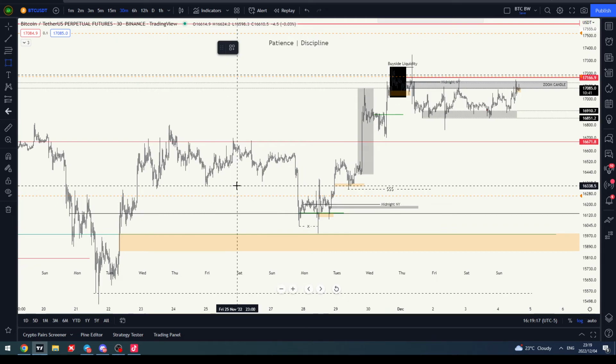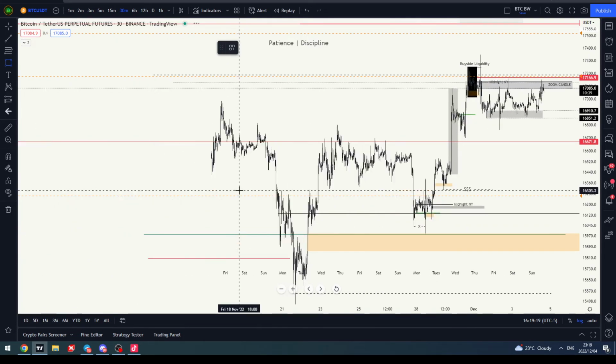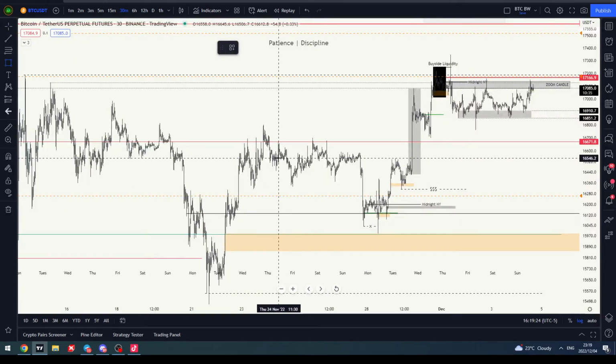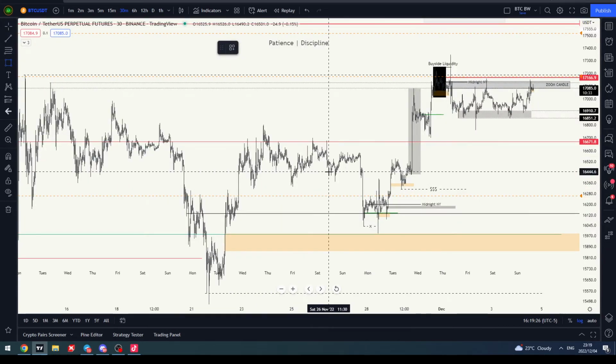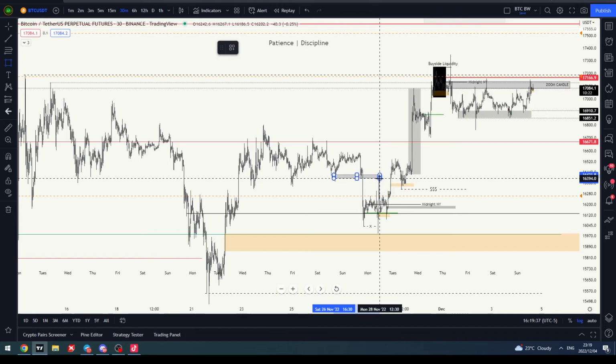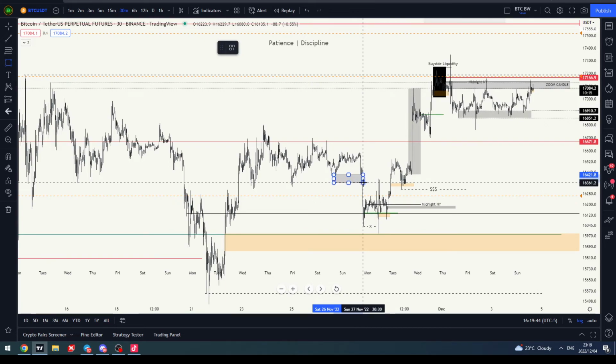Friday's close is 16:30. And the open on Monday, Sunday night, is 18:30 New York time.